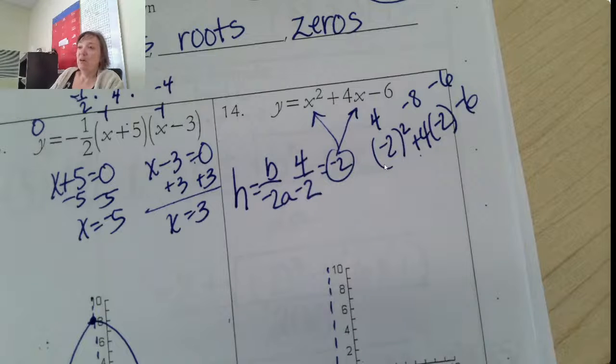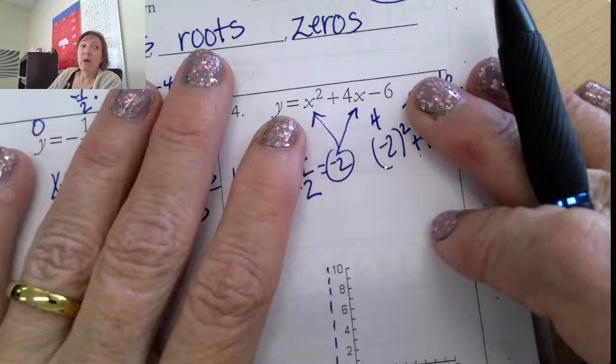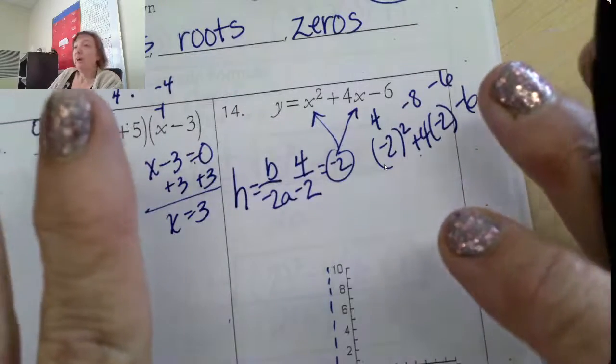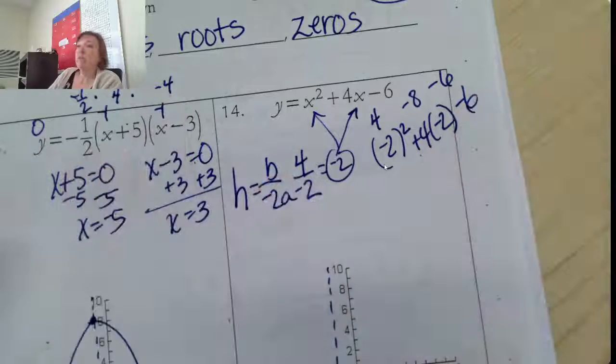It just dawned on me that it's not factorable, because what are things that multiply to get 6? 3 and 2. 1 and 6. Do those combine in any way to get 4? No, they won't combine to get 4. That doesn't mean it's imaginary. That just means it's not going to be whole numbers. If it was factorable, it would be whole numbers. One of them is going to have to be a decimal at least, maybe both.